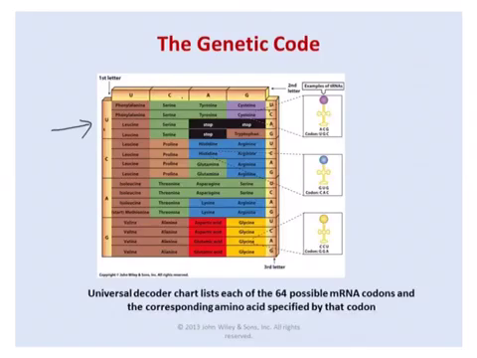There are 64 possible codons. If you take all the 4 different nucleotides and you put them in different combinations of 3s, you would get 64 different base triplet codons. And ultimately, we have only 20 amino acids we use to build proteins. So there's usually more than one codon for each specific amino acid, which you can see in this particular chart.